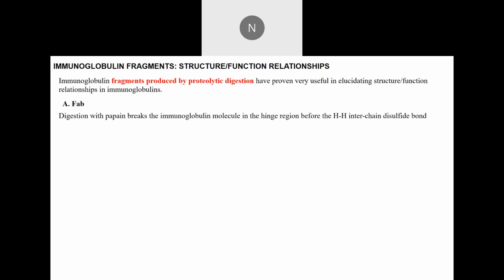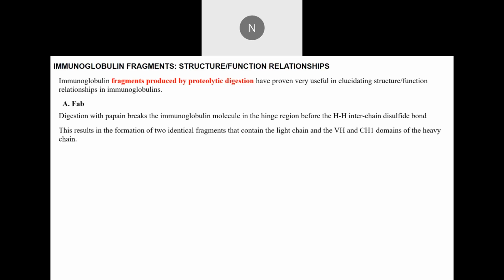And immunoglobulin fragments, structure and function relationship. Immunoglobulin fragments produced by proteolytic digestion have proven useful in elucidating structure and function relationships in immunoglobulins. So the FAB is produced when immunoglobulin is digested with papain, which breaks the immunoglobulin molecule in the hinge region before the heavy chain interaction, and produces two identical fragments that contain the light chain with the variable heavy and a constant heavy chain, and antigen binding sites are also there.